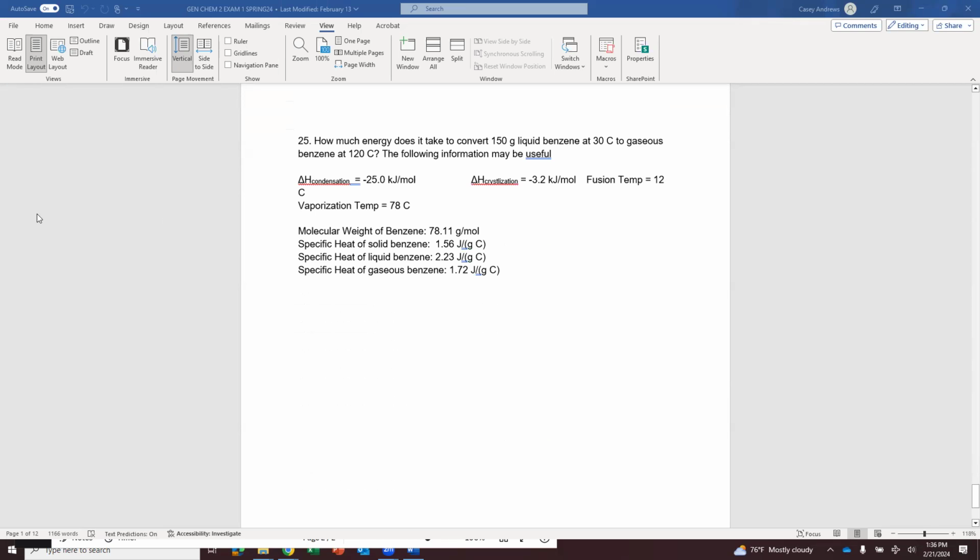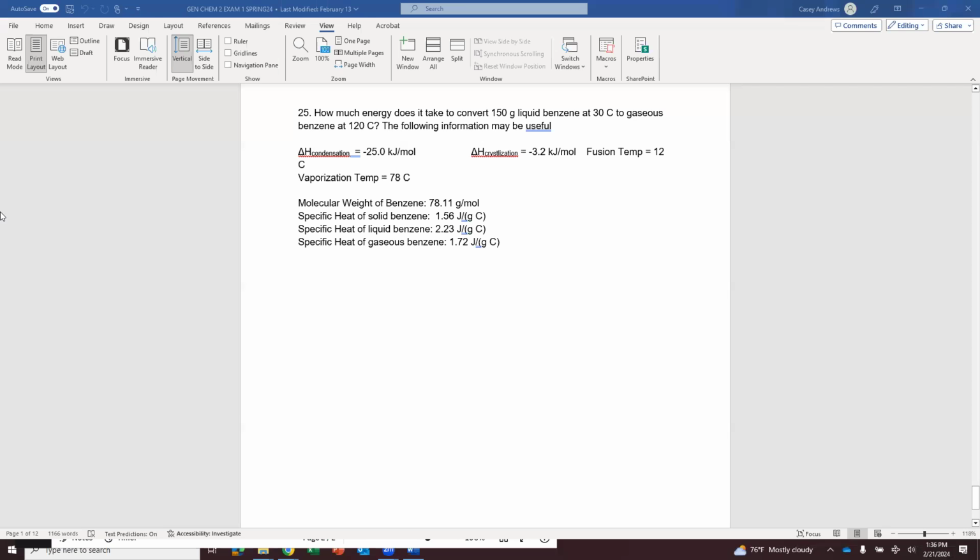Lastly, the heating curve problem I promised everybody. So how much energy does it take to convert 150 grams of liquid benzene at 30 C to gaseous benzene at 120 C? The following might be useful. All right, so let's do our temp versus heat curve.